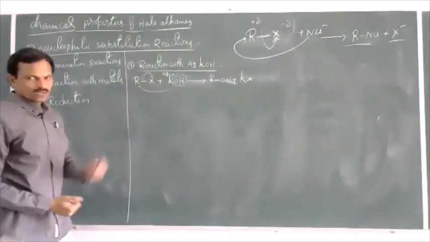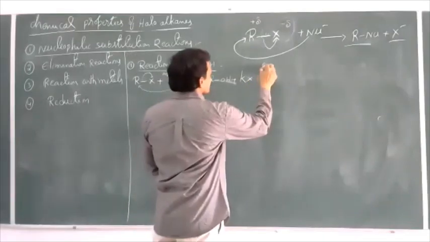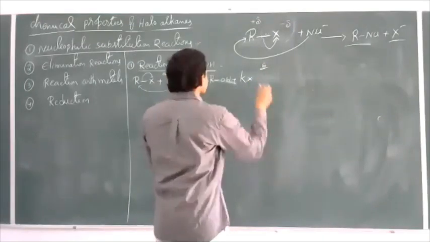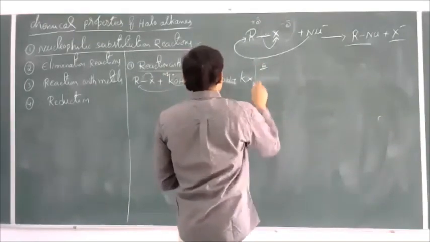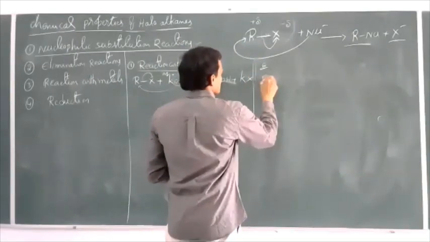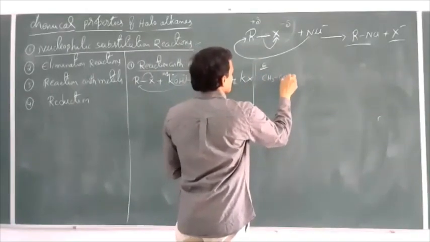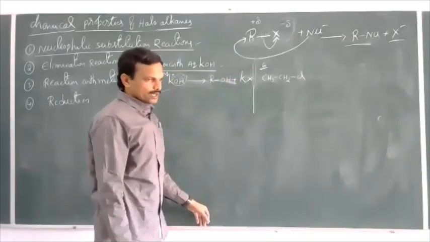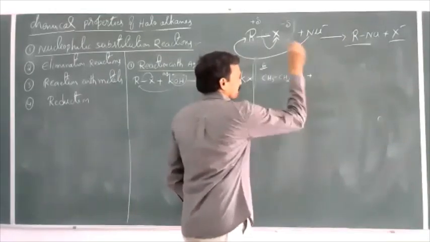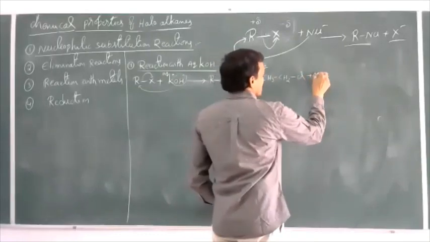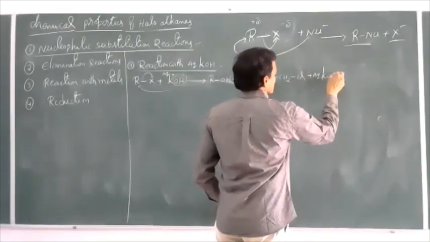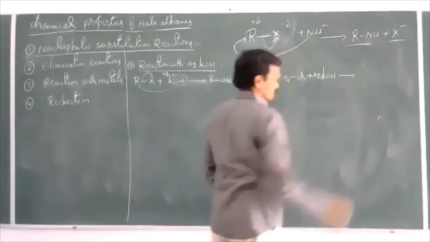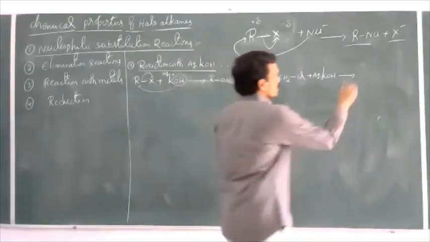This is the equation. Now let us see an example for this. CH3CH2Cl, ethyl chloride, plus aqueous KOH gives rise to, then what is the product?